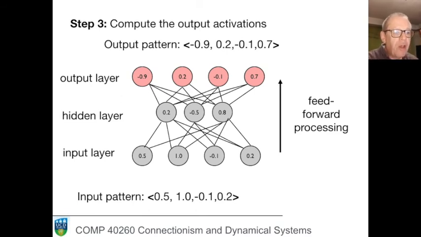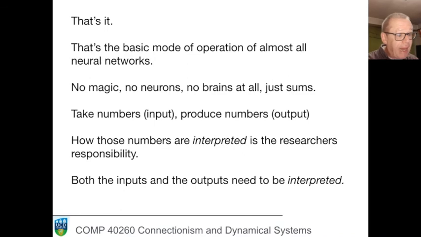We've gone from our input pattern, and this network has produced that output pattern. The exact values that are produced at the output layer are going to depend critically not only on the input pattern, but also on the weights within the network. That's it. That's the basic mode of operation of pretty much all neural networks.